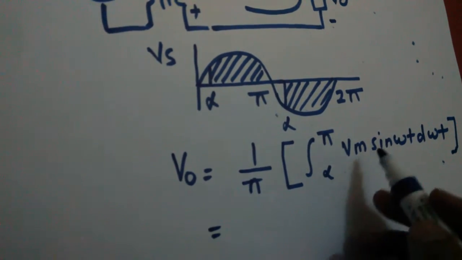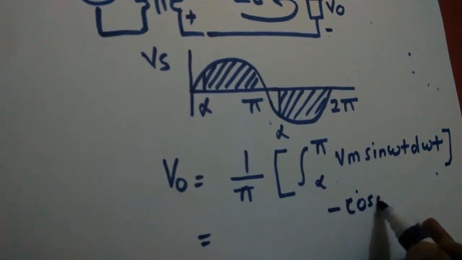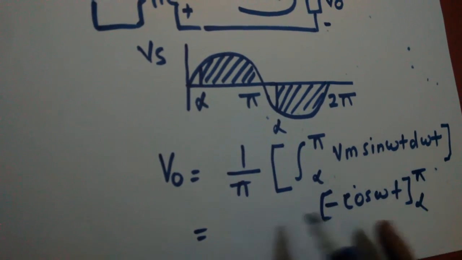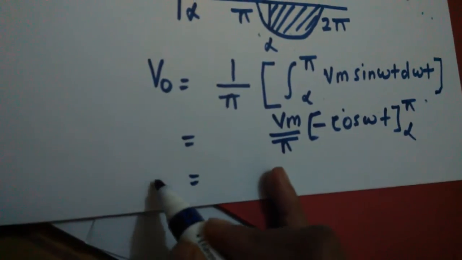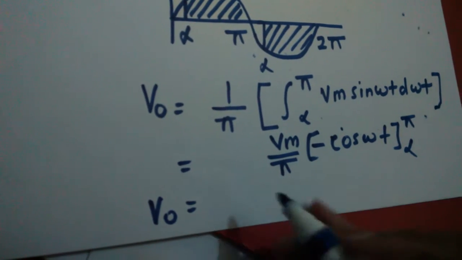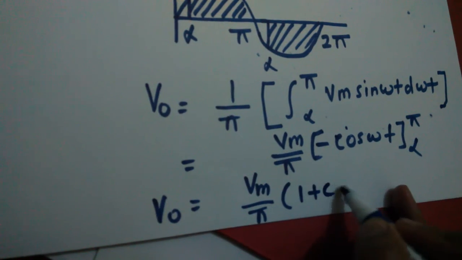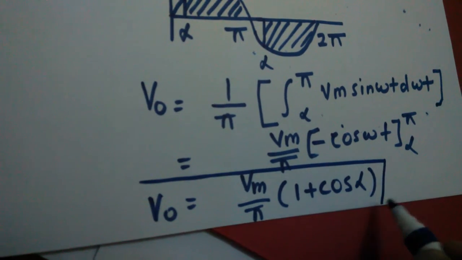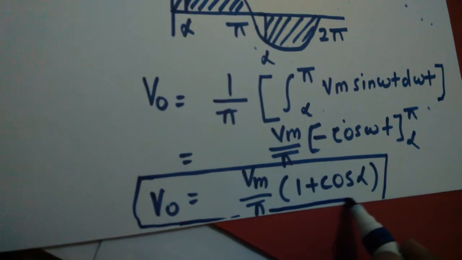The integration of sine omega t is minus cos omega t, and the limit is alpha to pi, and here we can write Vm upon pi. When we solve this expression, we get the complete expression Vm by pi times (1 plus cos alpha). This is the average output voltage of the single phase full wave controller with resistive load.